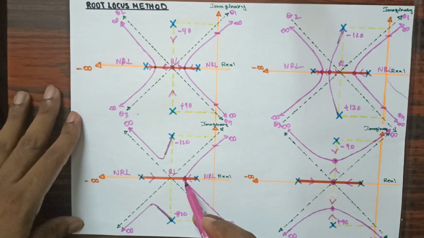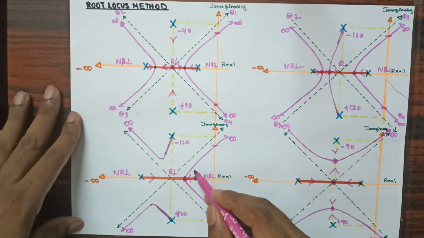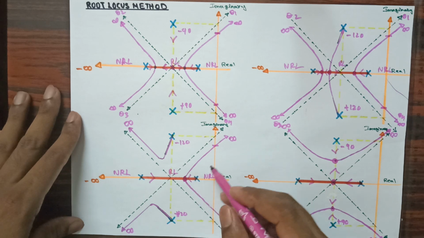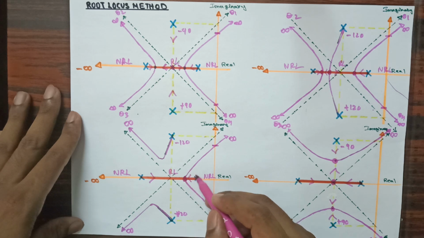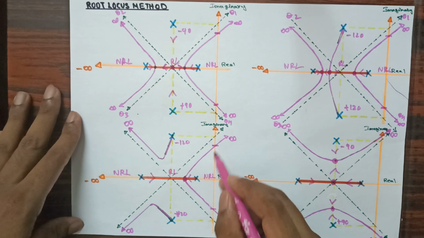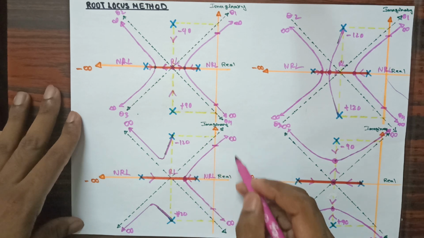Now I have provided one breakaway point. This pole will be moving in this direction and this pole will be moving in the opposite direction. Then finally they are going to meet, and then they are going to come out. One pole will come out in the upward direction and the other pole will come out in the downward direction. This pole, by looking into the angle and the intersection with the imaginary axis, will move towards an infinite destination.